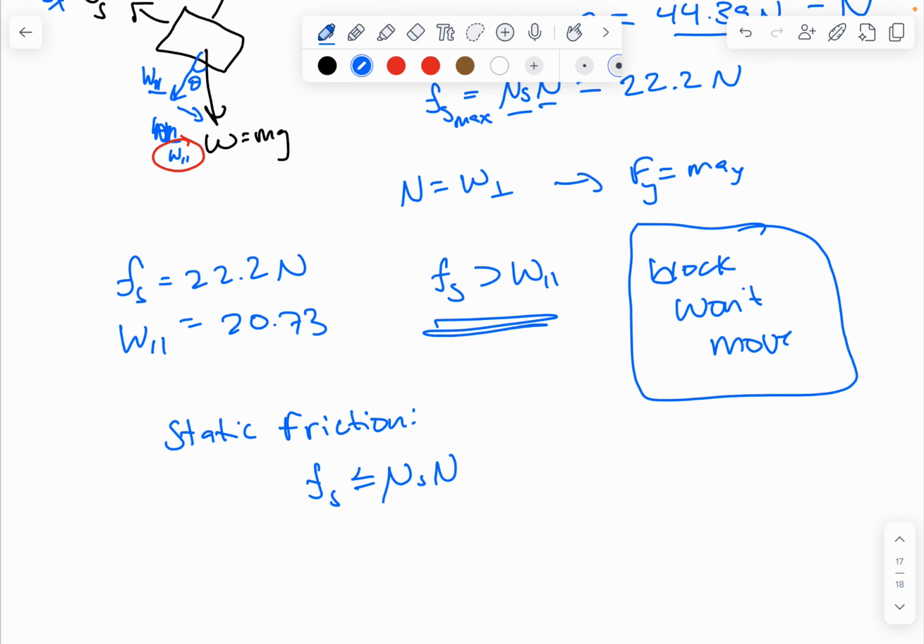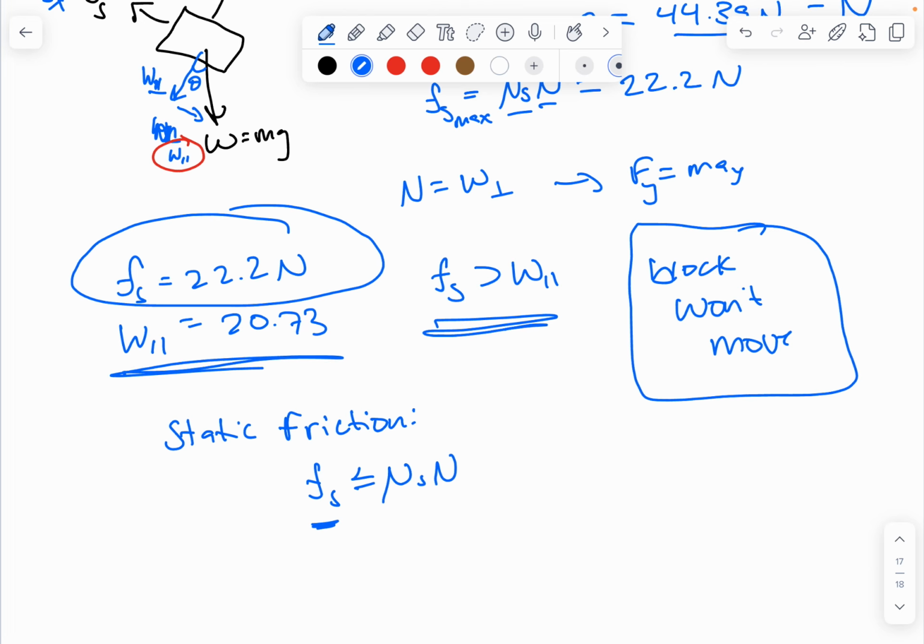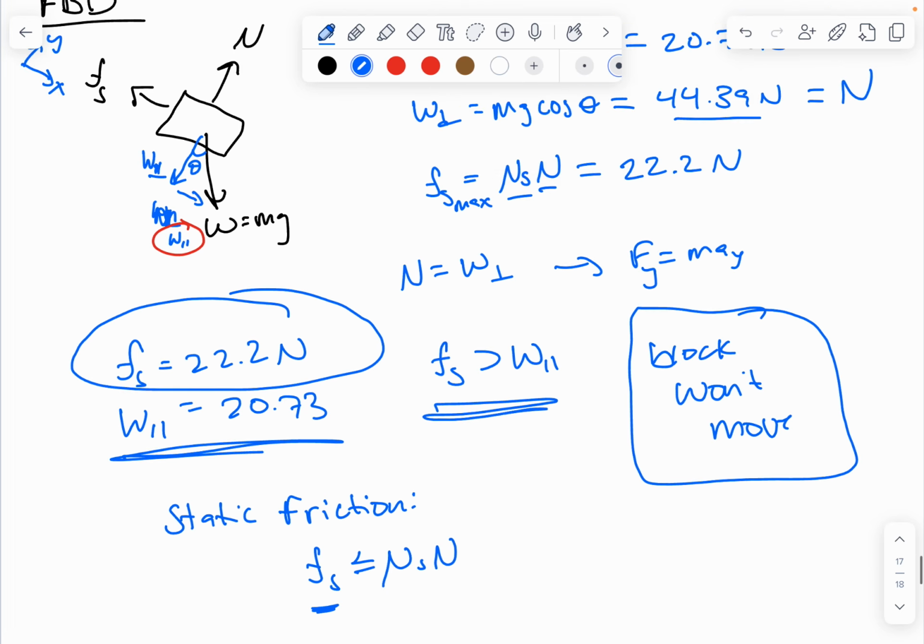And see how our static friction here, if our maximum is this 22, but our force applied is less than that, right? So in this case, our static friction force is equal to the force applied.